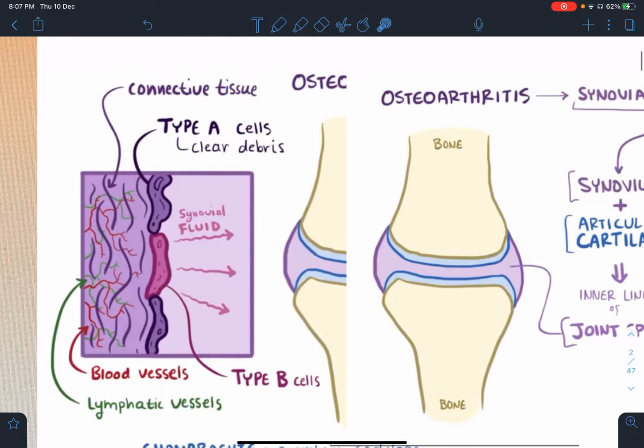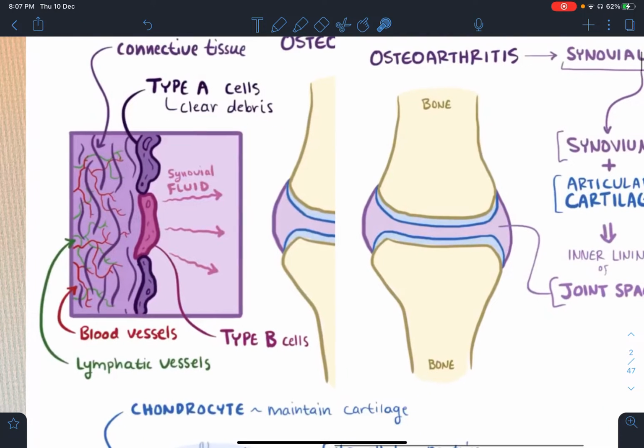You have type A cells. These cells are the ones that do the clearing of debris. They have phagocytic activity, so anything that passes through here, it captures it and holds it. And the type B cells are the ones that secrete the synovial fluid. And underneath, you'll have blood vessels and lymphatic vessels underlying those cells.